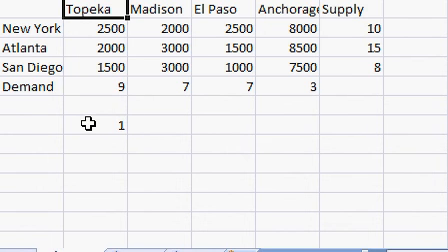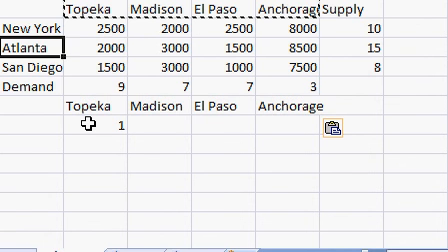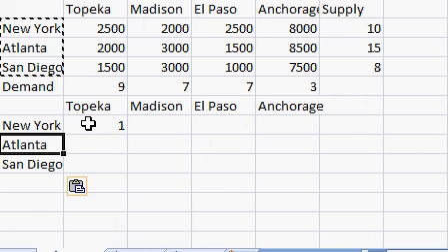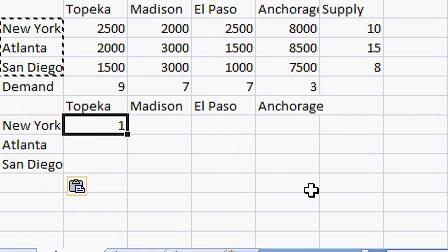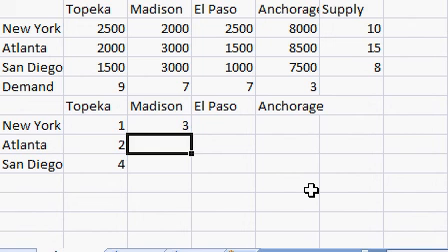So I need to replicate this chart with all the different things I can decide. So New York to Topeka is 1. That would be it. So say we ship 1 there, 2 there, 4 there, 3 there, 5. So Atlanta to Madison is 5.